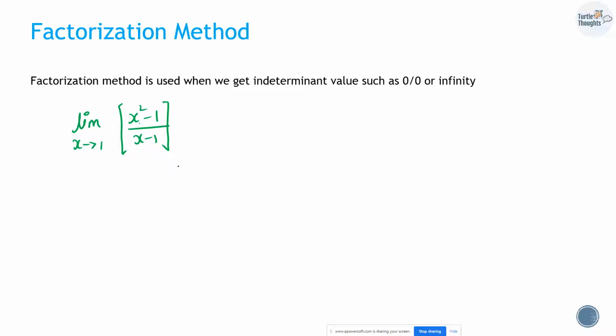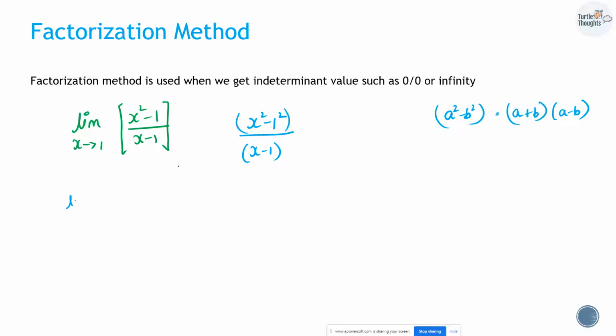Can I write the same thing, x square minus 1 as x square minus 1 square divided by x minus 1? The value doesn't change because 1 square and 1 both are equal. Now, what is a square minus b square?